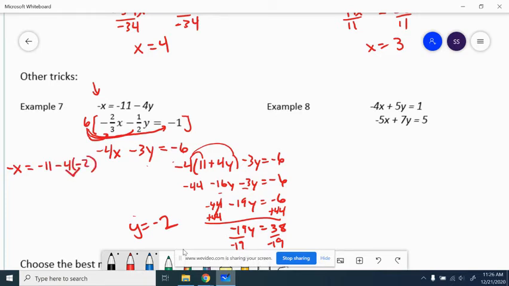Remember, we need to multiply these two first. Negative 4 times negative 2 is positive 8. Negative 11 plus 8 is negative 3. So I'm left with a negative x is equal to negative 3. So a positive x is equal to positive 3. Last step, just write this as an ordered pair, 3 comma negative 2.